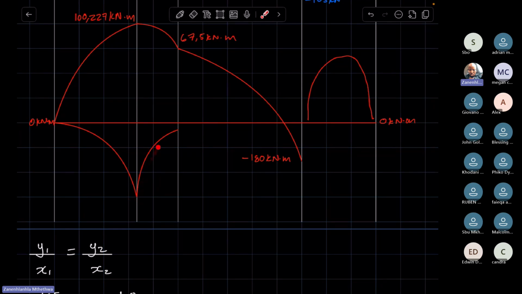Hence, below the 0 line, we take the convex approach of showing a parabolic curve. Now, this line, being below the 0 line, takes this shape anyway. That is why you would leave this exactly as it is.